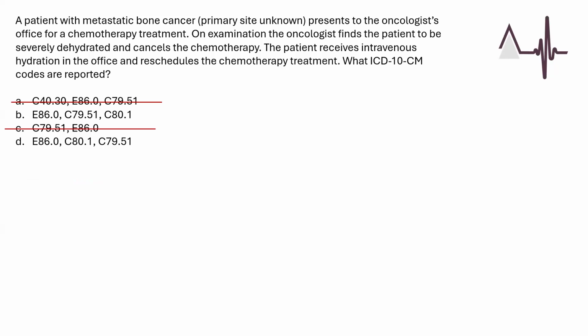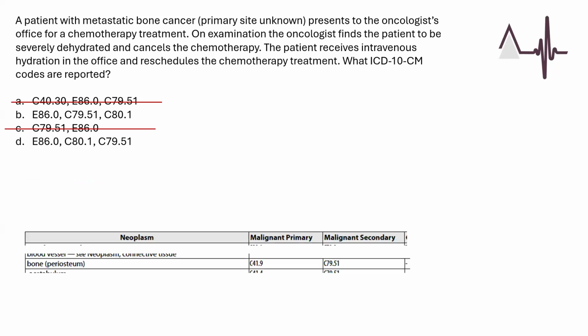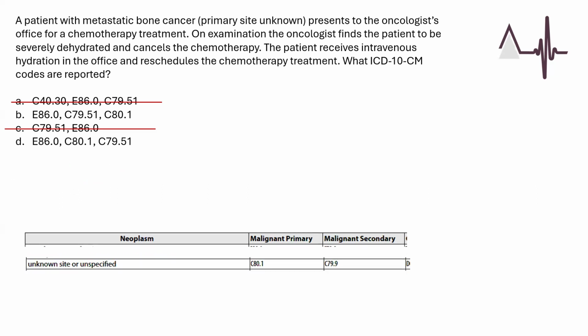The treatment is directed at bone cancer of a metastatic site. In the ICD-10 table of neoplasms, look for neoplasm, neoplastic, bone. Use the code from the malignant secondary column, directing you to C79.51. The primary site is unknown.